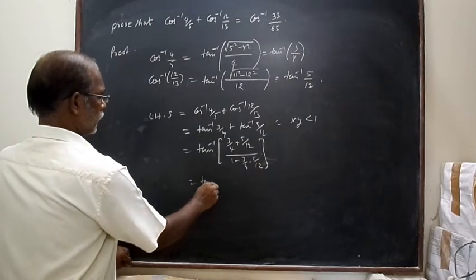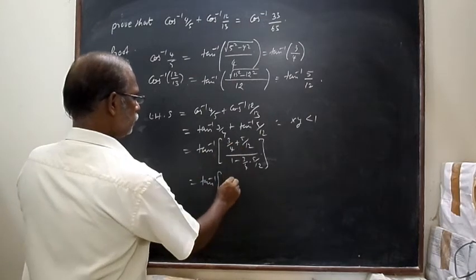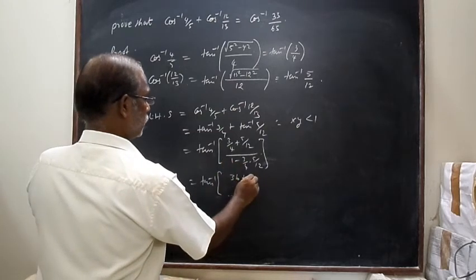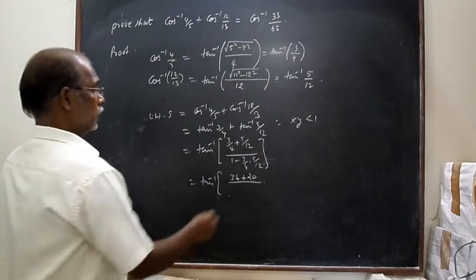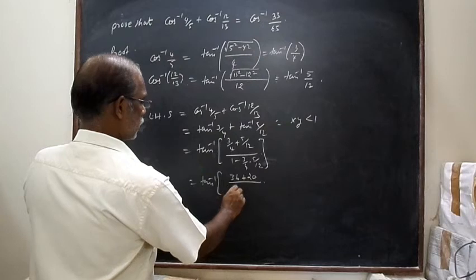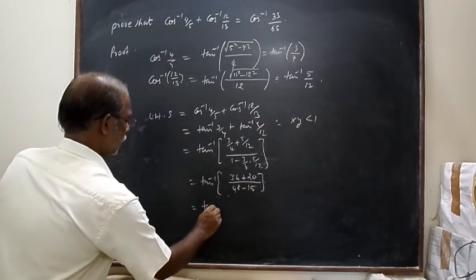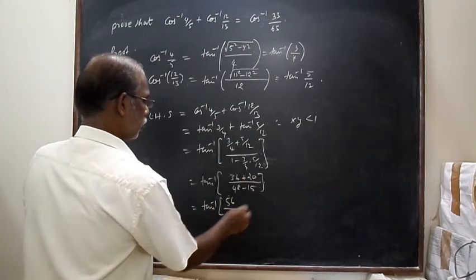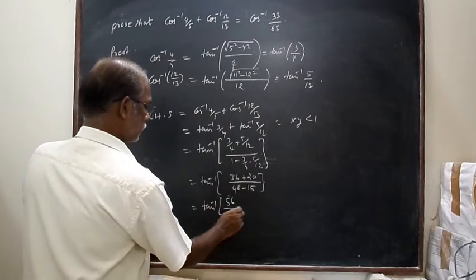For simplicity, 3 times 12 is 36 and 4 times 5 is 20, that is 56, and in the denominator 4 times 12 is 48, 48 minus 15, so this is tan inverse of 56 by 33.